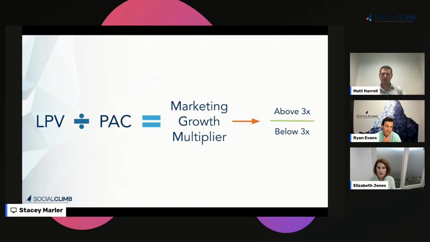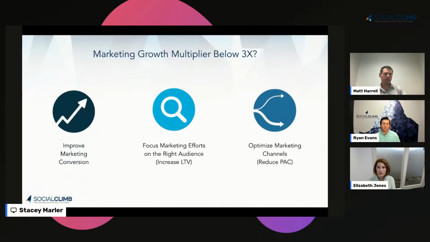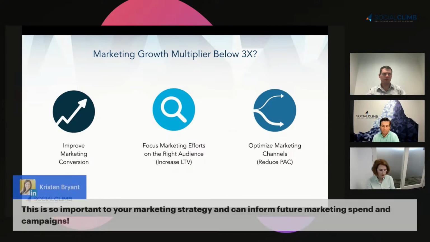If you go to the next slide, really what we're talking about today is, what are the ways that I can get above that 3x line? So I know we're going through it very simplistically today, but improving your marketing conversion is one way. You may have a killer message.